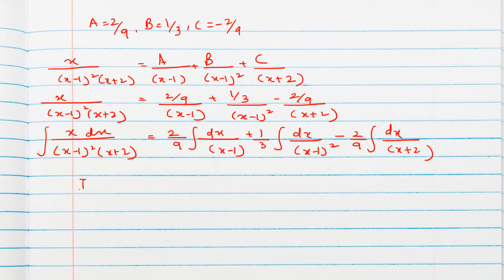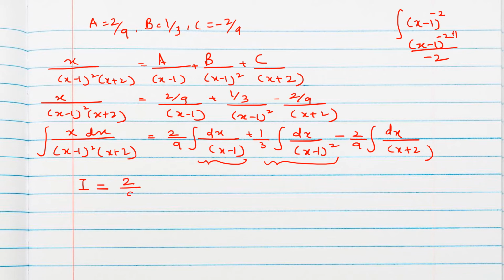So this is integral I. First integral is integral 1 by x, that is log of mod x minus 1. For the second integral we can apply the power rule, because 1 by x minus 1 whole square means x minus 1 power minus 2. Okay, so add 1 in power, divide by the same power. So for the second integral we can use power rule. For the third integral also log of mod x plus 2 will come.